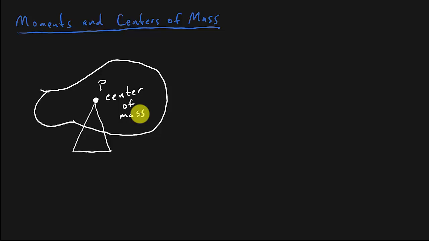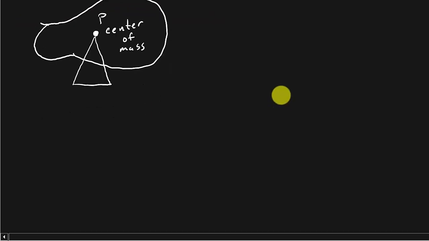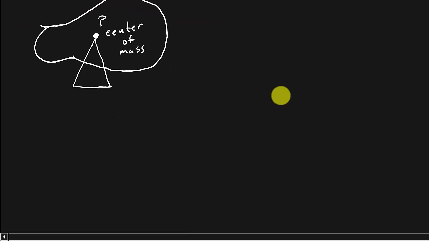So the first thing we want to do, let's look at something simpler, where we have two masses, M1 and M2, attached to a rod on opposite sides of a fulcrum, at a distance D1 and D2 from the fulcrum. Let's draw that picture out.